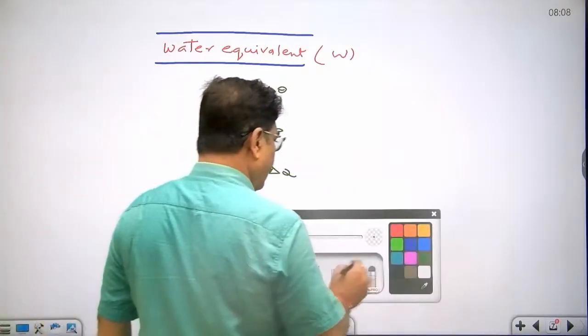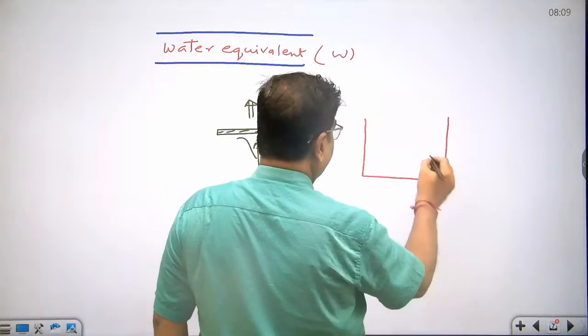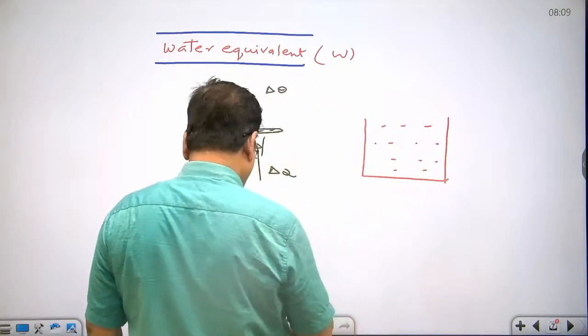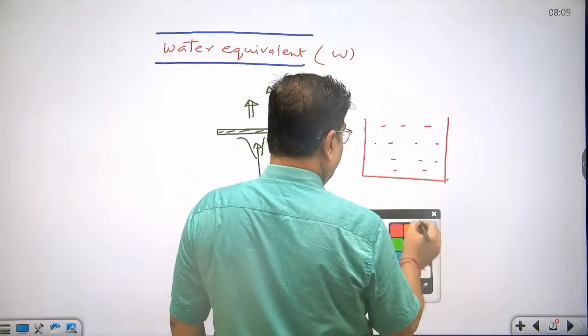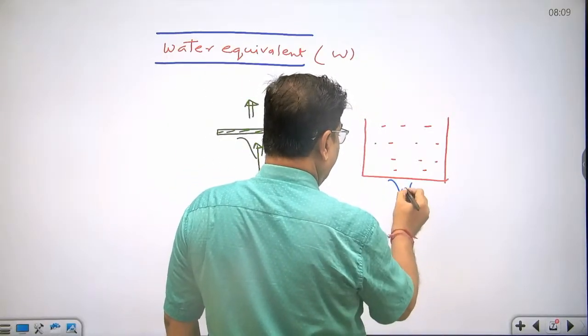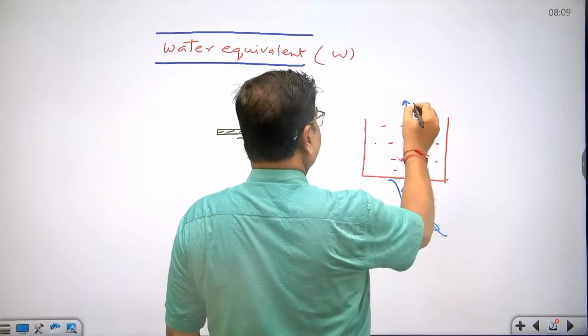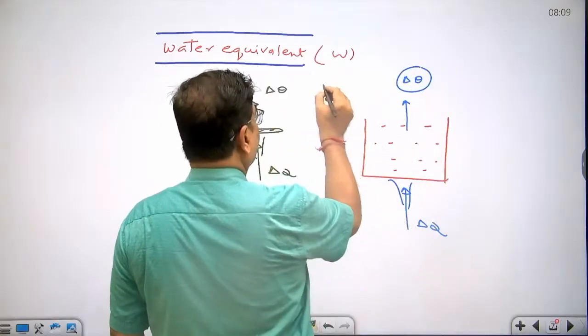Now, how much corresponding quantity of water either in liter, gram or kilogram should be taken so that on supplying same quantity of heat to this water, the change in temperature also comes out to be same.